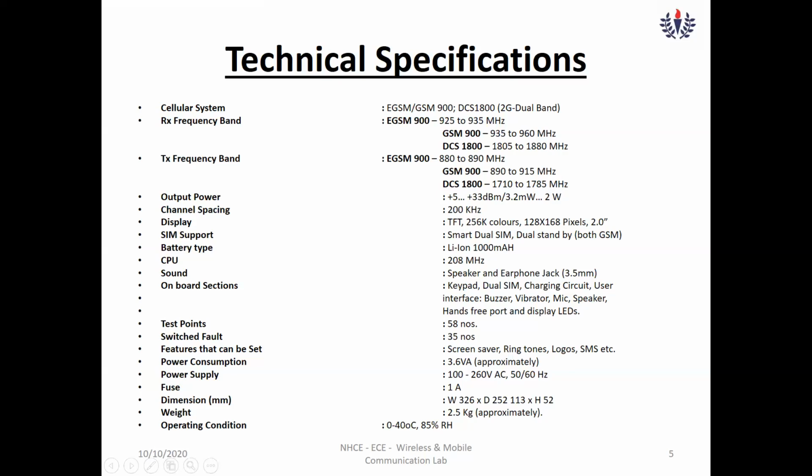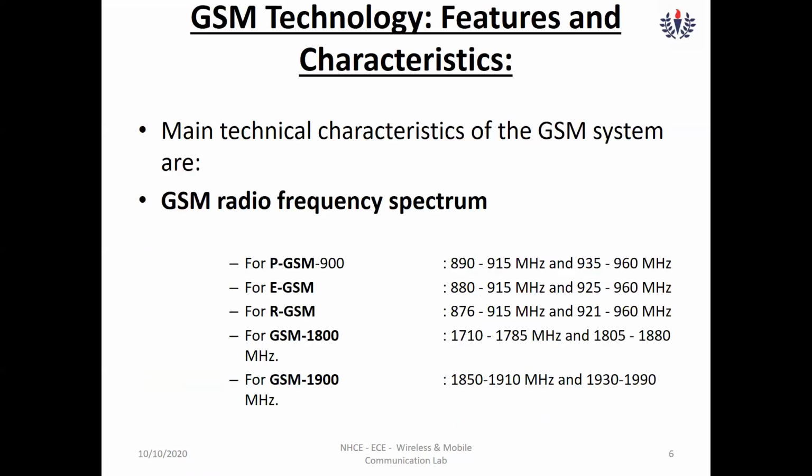The weight and dimensions are given here, as well as the height of the trainer kit. The trainer kit weighs some 2.5 kg, and it operates at room temperature, so we have specified this as 40 degrees Celsius. And now we are going to briefly explain what the GSM frequency spectrum is.